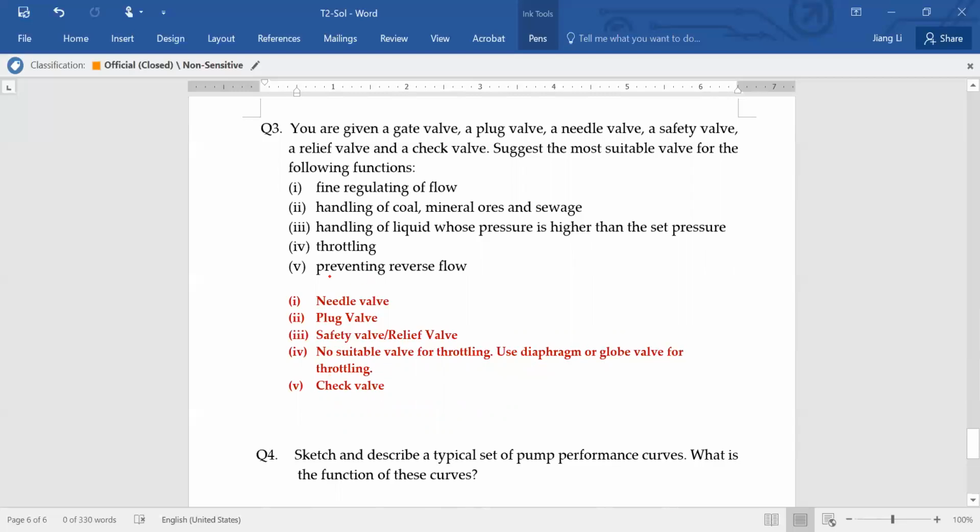The last one is preventing the reverse flow, which is the check valve. If you watched the video, you can see the check valve is very special. There's a swing which can open only in one direction. So it means the flow can only go in that one direction when the swing opens. All right, so it can prevent the reverse flow.